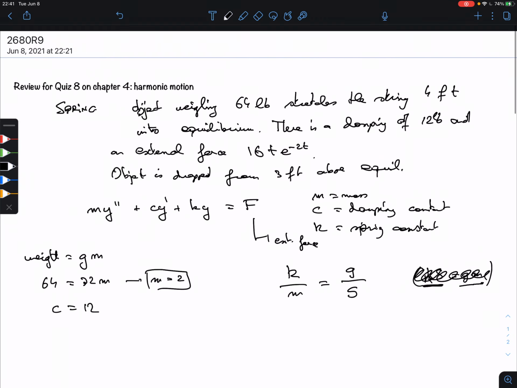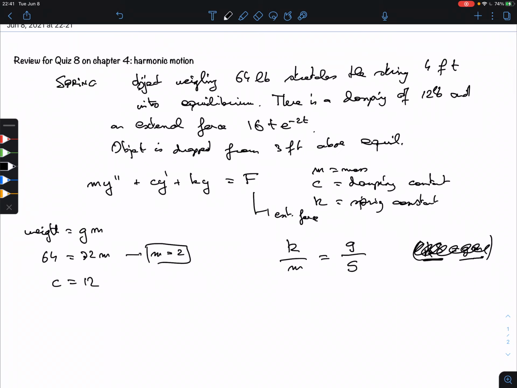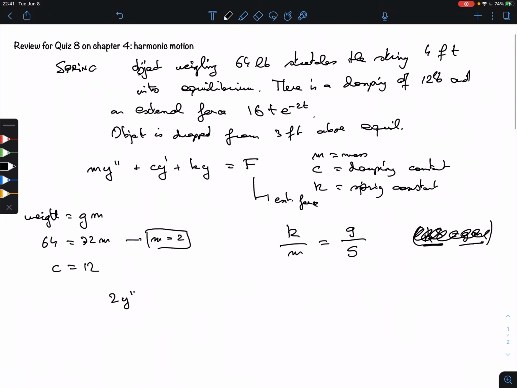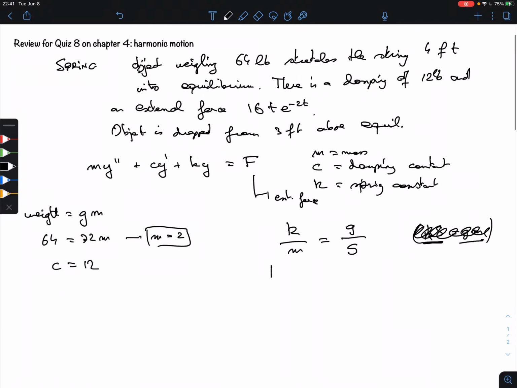So let's put in everything that we have so far. We have everything, I don't know why I'm trying to make it more difficult. k we don't know yet. m we know because it's 2. g we know is 32.